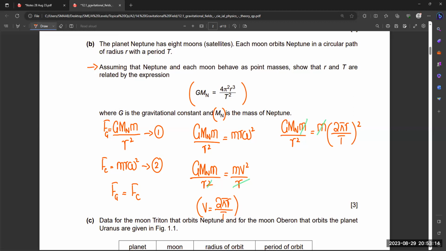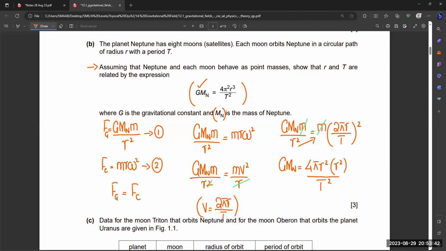Now we know that on the left hand side we have G MN, and this r square will multiply on the other side. So you will get 4 pi square r, multiplied by another r square, divided by T square.